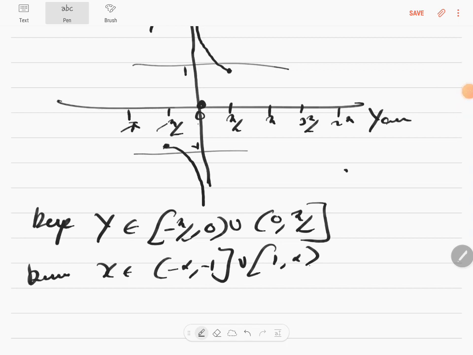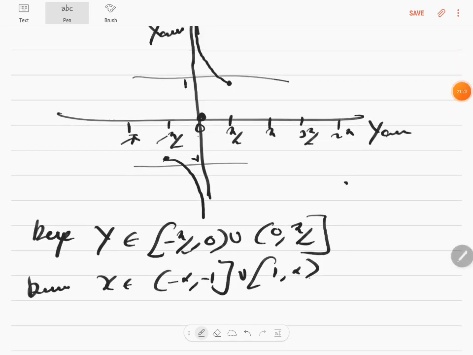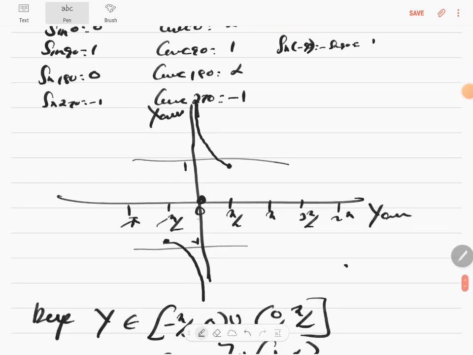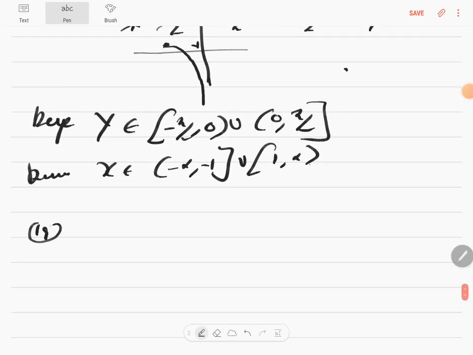Next question that I want to include in the question paper. So this is 18th question. Let's go to 19th question. Prove that 3 sine inverse of x is equal to sine inverse of 3x minus 4x cube.